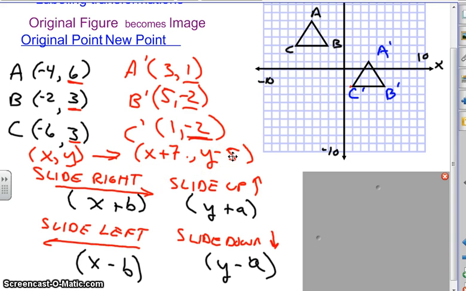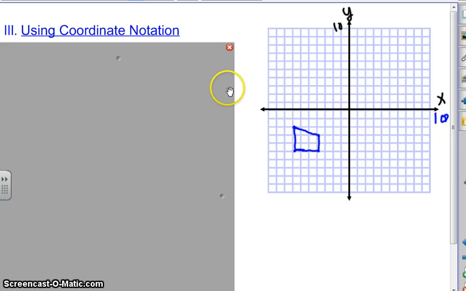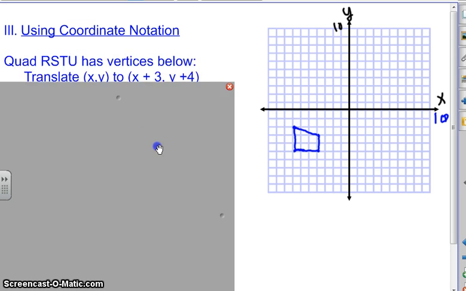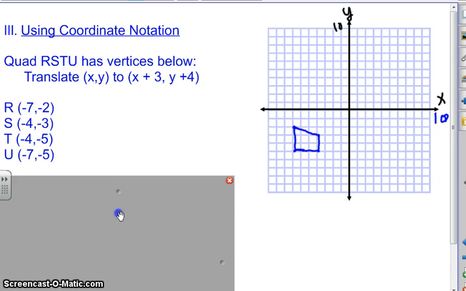Okay? The other way you might receive this question is, here's a figure. Now we're going to give you a rule and you move it. So this figure is here. RSTU has vertices given here. Translate it. Given this rule, X, Y becomes X plus 3 and Y plus 4.